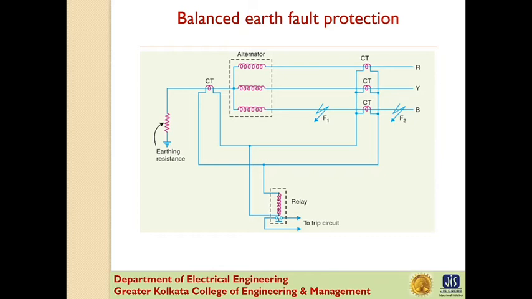Under these circumstances, it is considered sufficient to provide protection against earth fault only by the use of a balanced earth fault protection scheme. This scheme provides no protection against phase-to-phase fault unless and until they develop into earth faults, as most of them will.